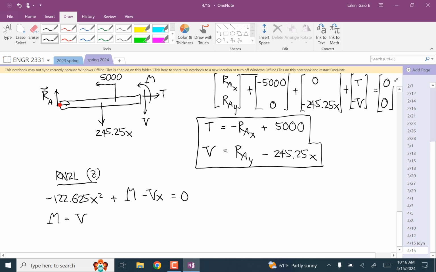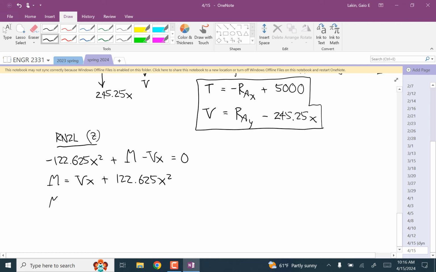So m is equal to v times x plus 122.625 x squared. So m is equal to RAY times x minus 245.25 x squared plus 122.625 x squared.